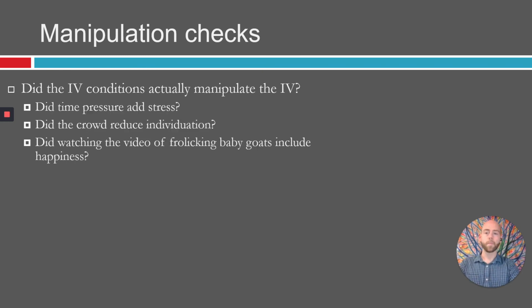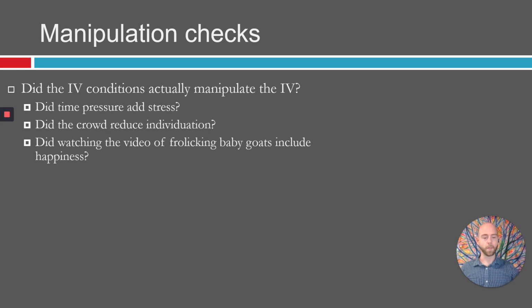Now, you can do this for lots of different things. Is it making people happy or stressed, or is it making them rely on racial attitudes more? Or it could be anything that you're trying to manipulate. And asking those questions might give you a better idea of whether it's doing it. But again, people don't always have conscious access to the way that their social environment is influencing them, right?